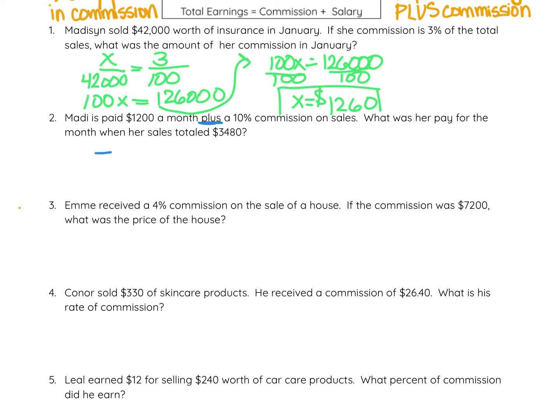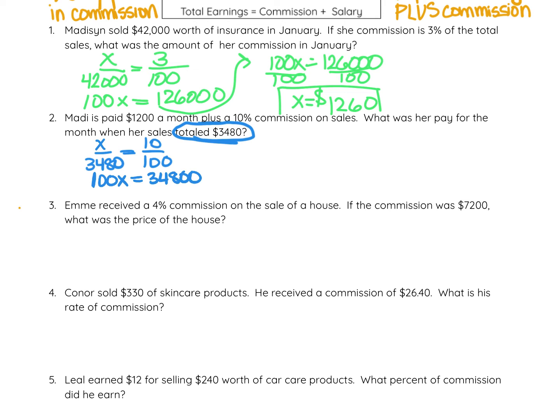When I set up my proportion, the commission percent is 10, and the whole sales total here is $3,480. Not to be confused with this $1,200 a month that she gets no matter what. So I am going to look for her part that she got paid in commission.